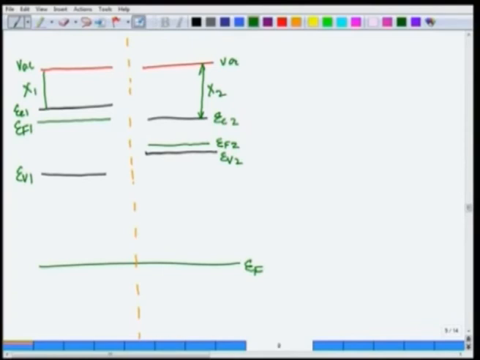Let us draw it far away. Again, look far away from the interface. Far away from the interface, we are assuming the semiconductors are very long in this direction, and this one in this direction. So, far from the interface, they will be unaffected. If that is the case, then with respect to the Fermi energy, the EC level will remain the same. That means N type behavior will remain the same.